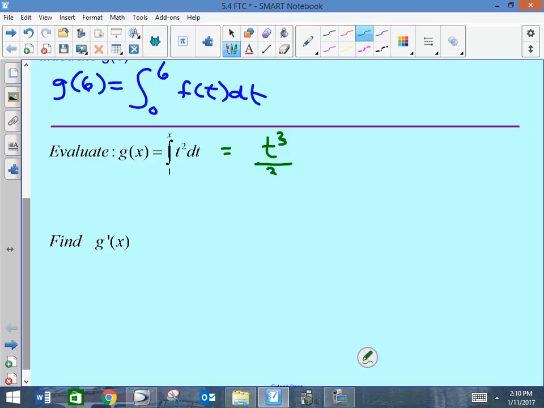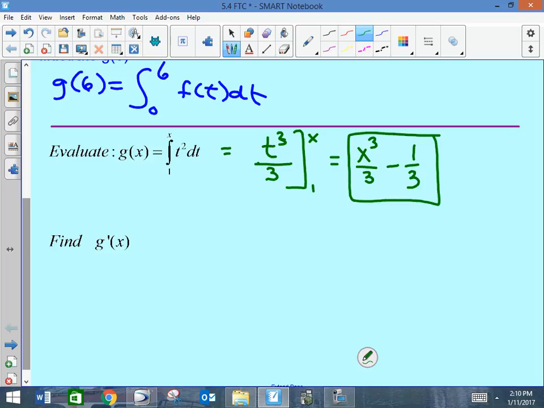You mean t to the third over 3? Okay, all right. And then from 1 to x, right? So what does that equal? Okay, so that's the value of it. That's the best we can do if we don't know x. If we knew x, we'd plug it in. Now this is g of x. That's what we said it was.